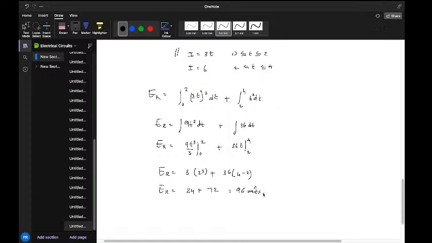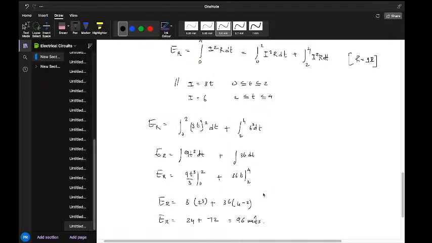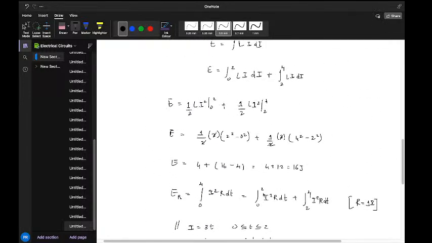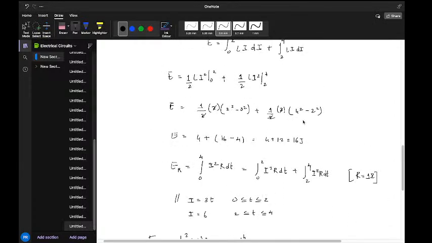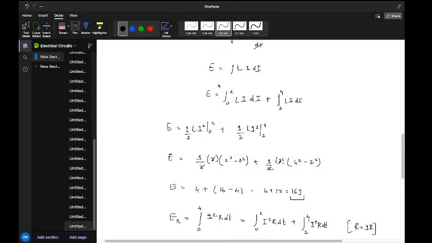Cool, guys. So the total energy of the system is going to be adding these two quantities. The quantity we got here is 16 joules. Let's see if we aren't wrong anywhere. So half L i squared. We are wrong in terms of taking time t here. We are interested in the current quantity.